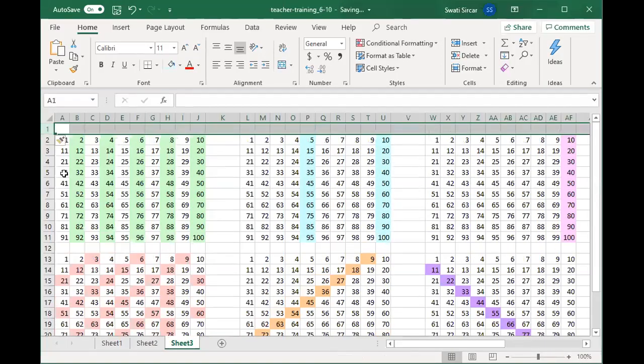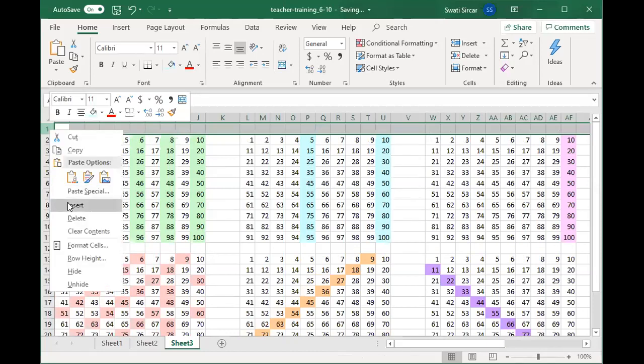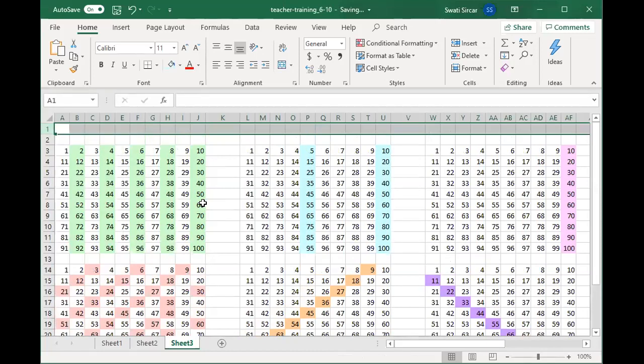Because the factors are in the vertical line only. Factors of what? For example, factors of 10 in the vertical column. Right. Now, why is the 10 becoming important here?